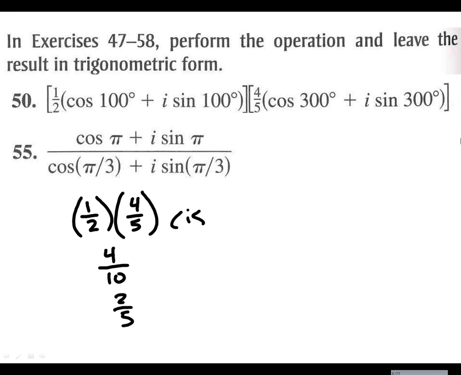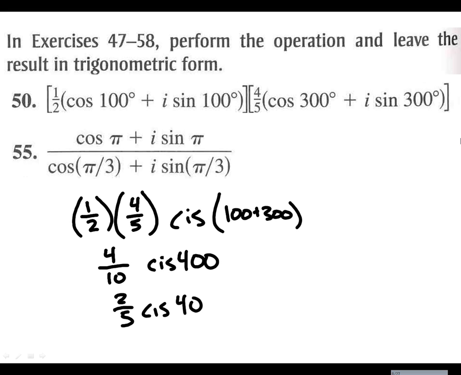We're going to add the angles. CIS 100 plus 300 gives us CIS 400. And we're going to subtract 360. We're going to get an angle between 0 and 360. So subtract 360, and we'll get just 40 degrees. All right, and that's our answer in trig form. 2/5 CIS of 40.